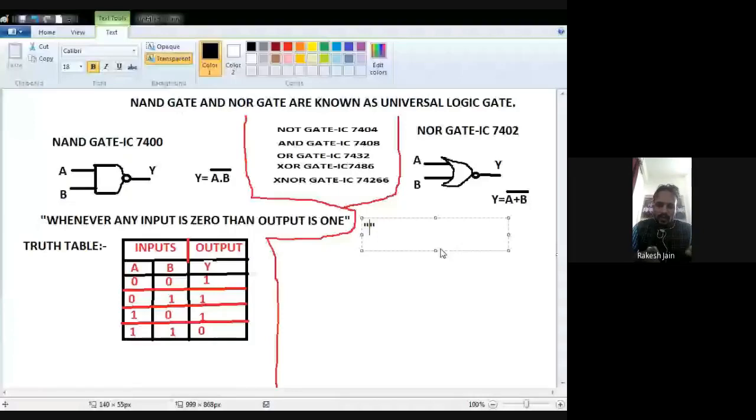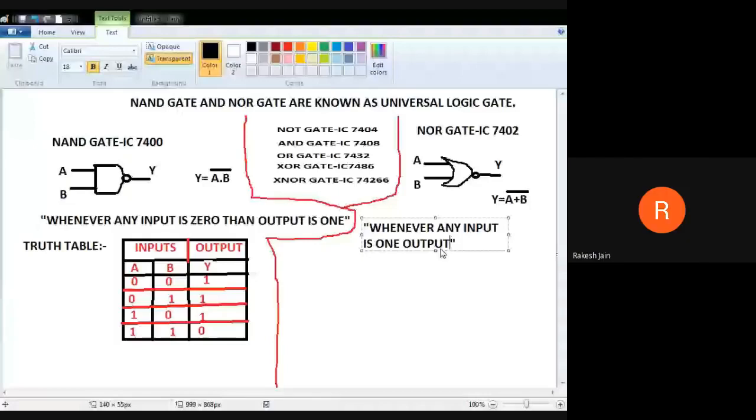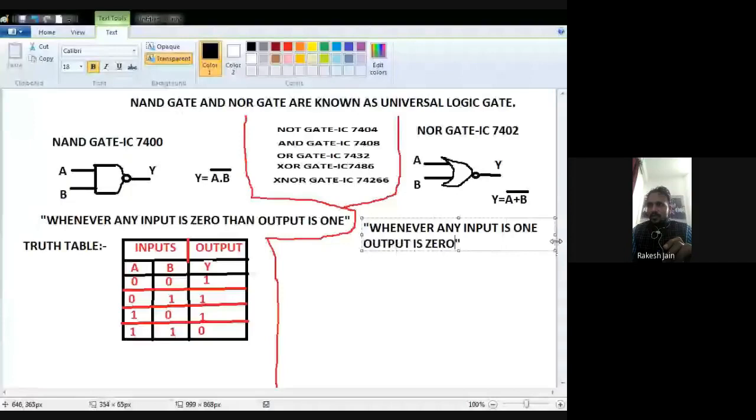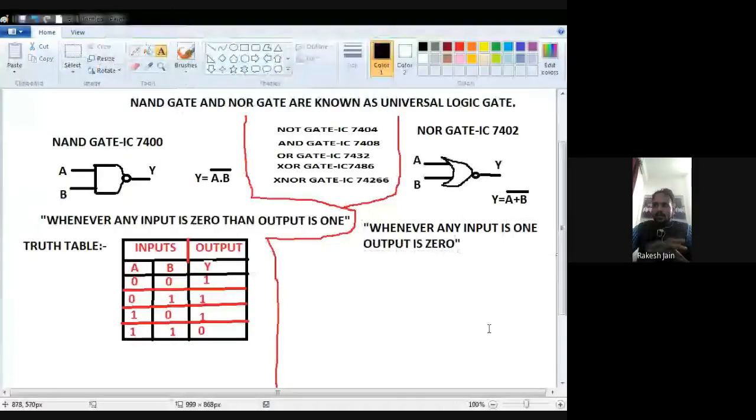Now what is the basic definition of a NOR gate? Whenever any input is 1, output is 0, or we can say whenever both inputs are 0, output is 1. Anything you can remember.